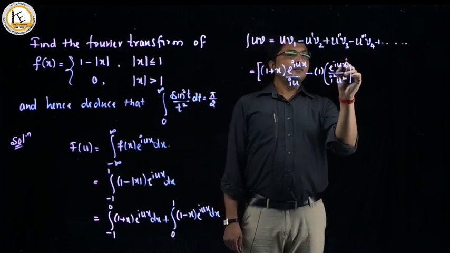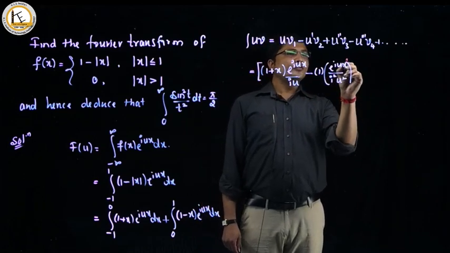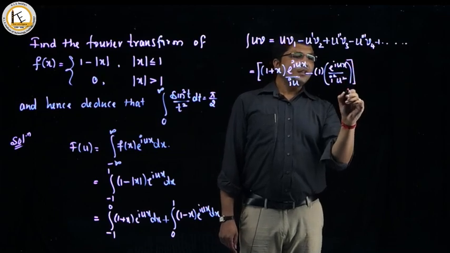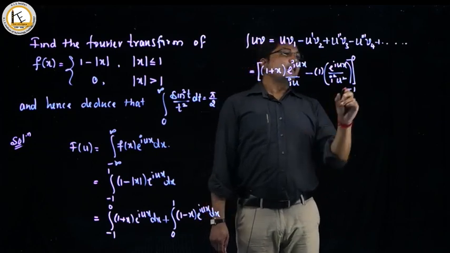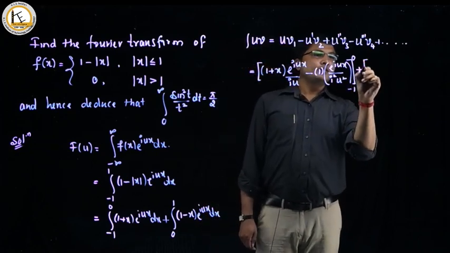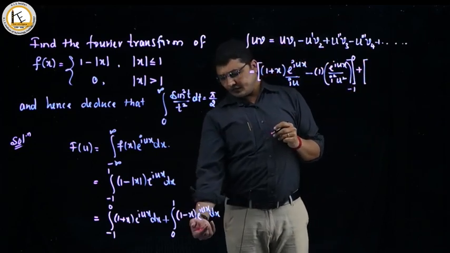So complete, because the derivative of 1 becomes 0, so we stop here and we apply the limit minus 1 to 0. So this is the first integral. In a similar way, the second integral, again u into v here.